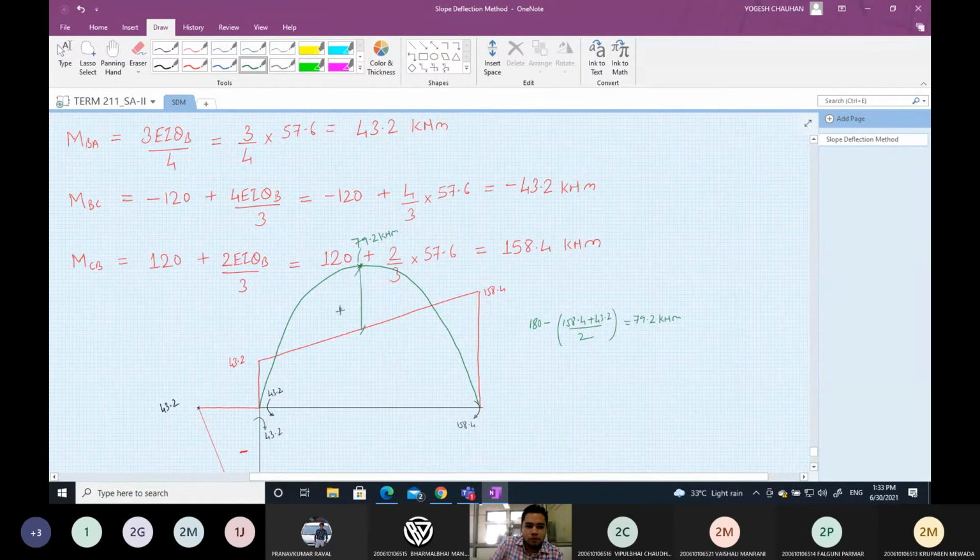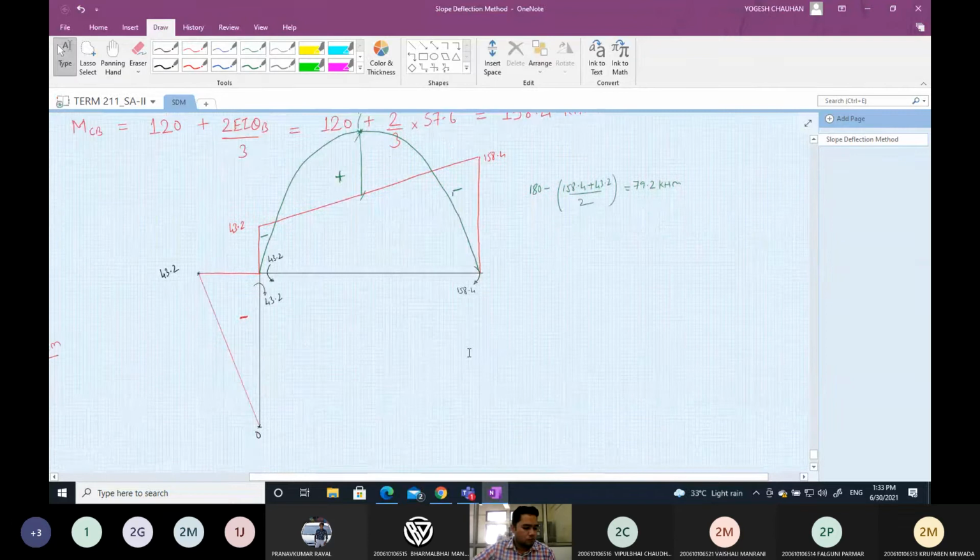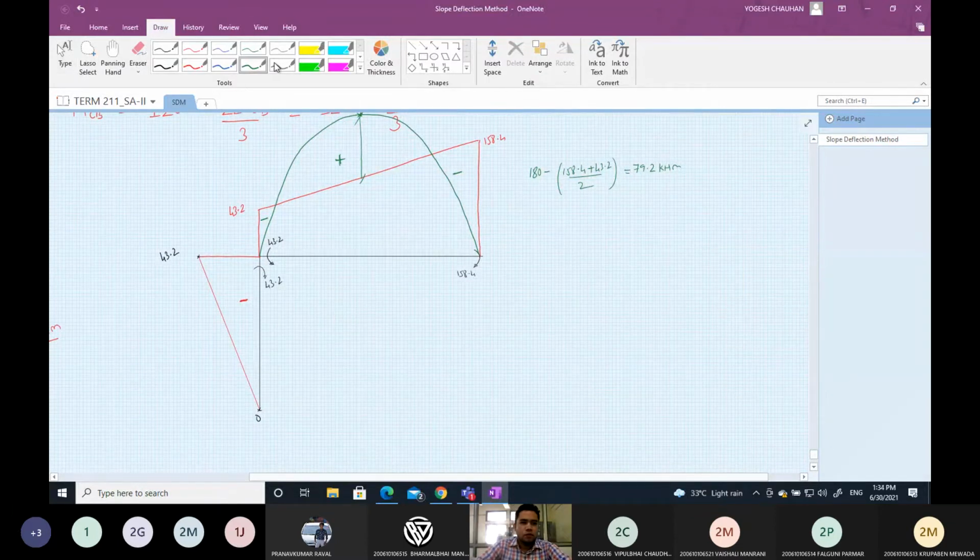So this will be your positive, negative, negative. So this is your bending moment diagram.